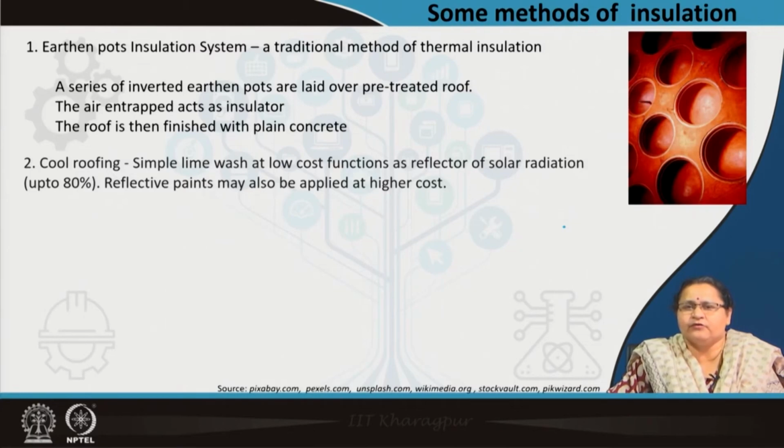One may use the roof for some social purpose, for gathering, or for keeping some items, maybe as storage. Then this may not be that effective, but yes, it is an answer for insulation in a very different way.